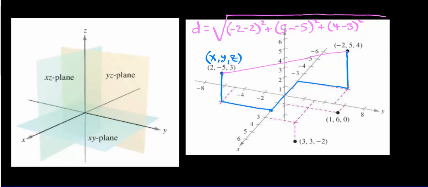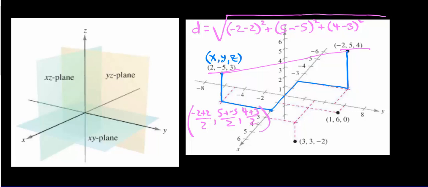Now, the midpoint formula also, I still reason the same way. If I want the midpoint between this point and this point, I just need to get the average of each coordinate. So I get the average of the x's, (-2 plus 2) over 2, comma, now I get (5 plus -5) over 2, and then (4 plus 3) over 2.